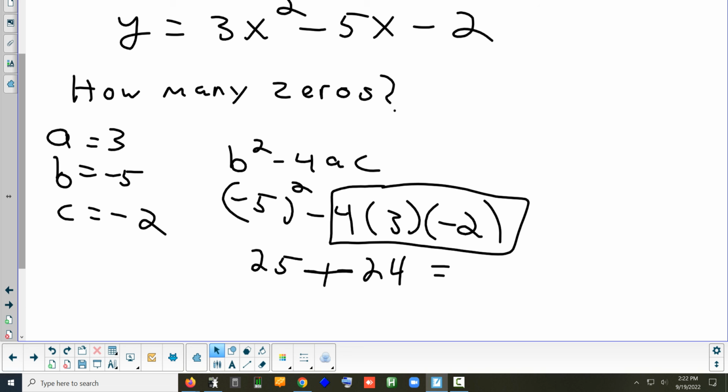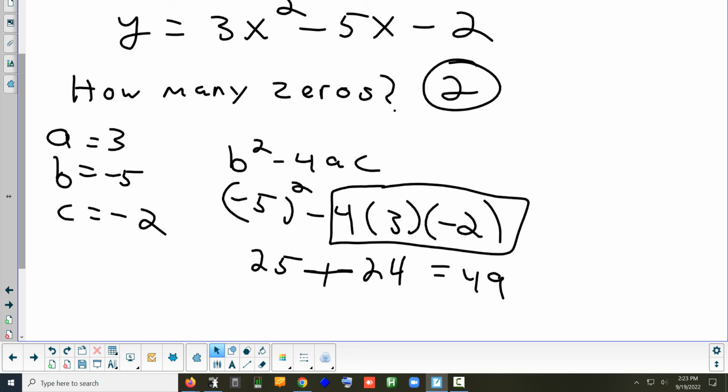Yeah. 49. Doesn't really matter exactly what it comes out to. What matters is it came out to a positive result. So what does that mean? How many zeros does this graph have? 2. Yep. This graph will cross the x-axis twice.